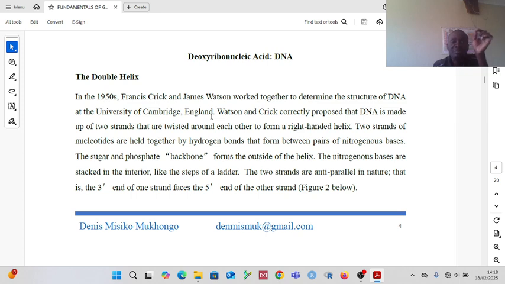But if it is anti-parallel, if this position is 5' for the first strand, then this position for the complementary strand will be 3'. That is the anti-parallel nature. Then the other end of the complementary strand will now be 5'. Then this will be 3'. So that is the anti-parallel nature.